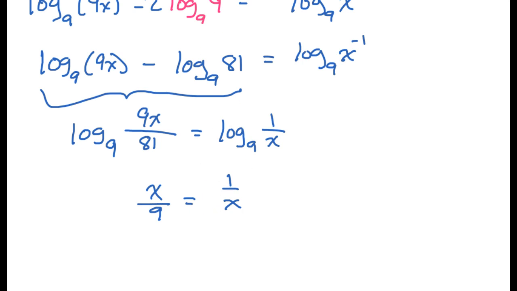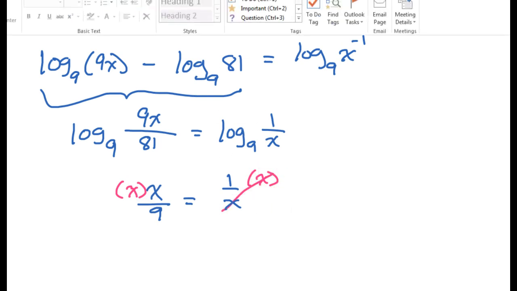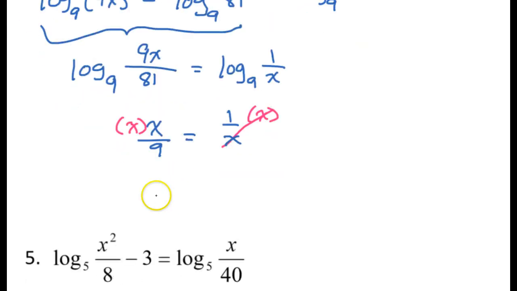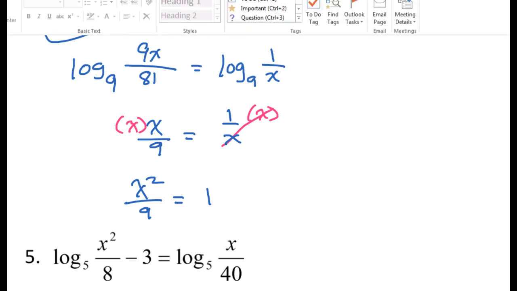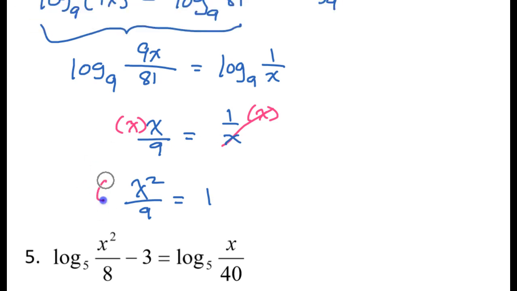So to solve this, I would simply multiply both sides by x. I mean, I could cross multiply, which is what I really am doing. Alright, if I multiply both sides by x, that cancels this out. And that's going to give me x squared over 9 is equal to 1. And then I could multiply both sides by 9.